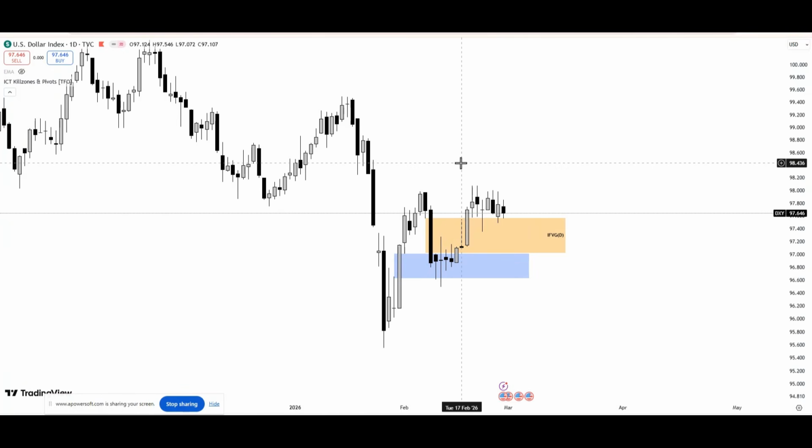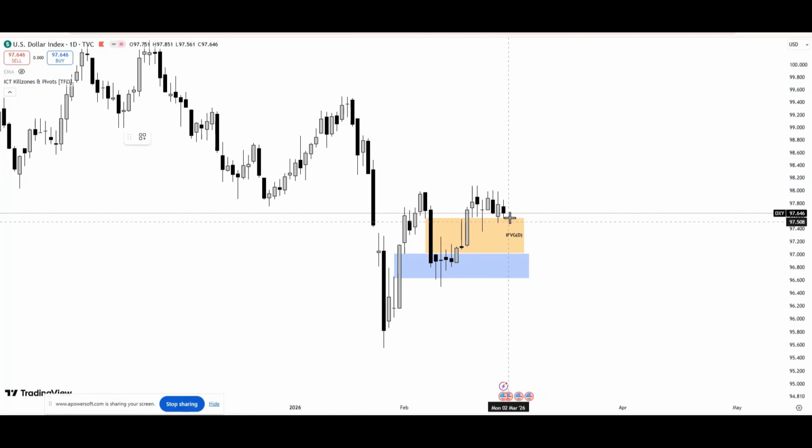We've been looking for a bullish dollar ever since the dollar respected this fair value gap and inverted this bearish fair value gap. That was the first confirmation that there's a high probability that the dollar is going to give us bullish momentum. So as long as the dollar is above this inversion fair value gap, there's a high probability that you're going to see bullish momentum.